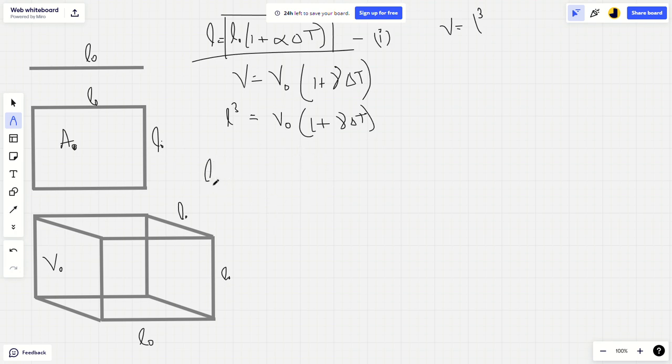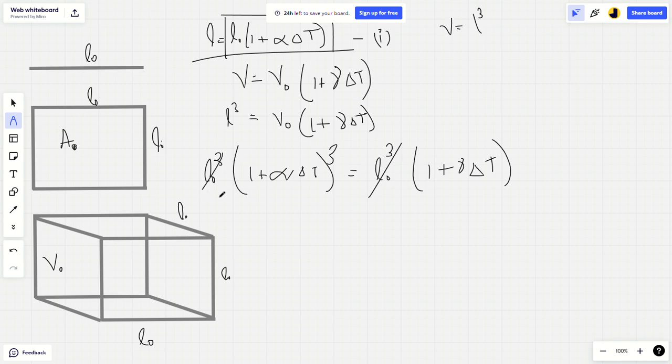So we're going to do L0 cube (1 plus alpha delta T) whole cube is equal to L0 cube (1 plus gamma delta T).